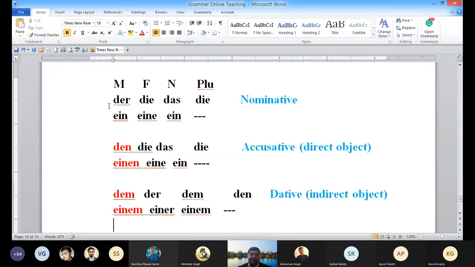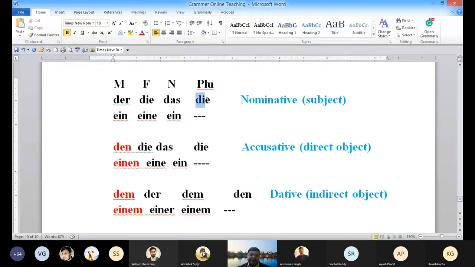So that's why you should remember that if the noun is a subject noun, I write here for your understanding, subject noun means any noun which is being used as subject, then you have to choose the definite article from this group, depending on the number and gender: der, die, das, and if plural, die.